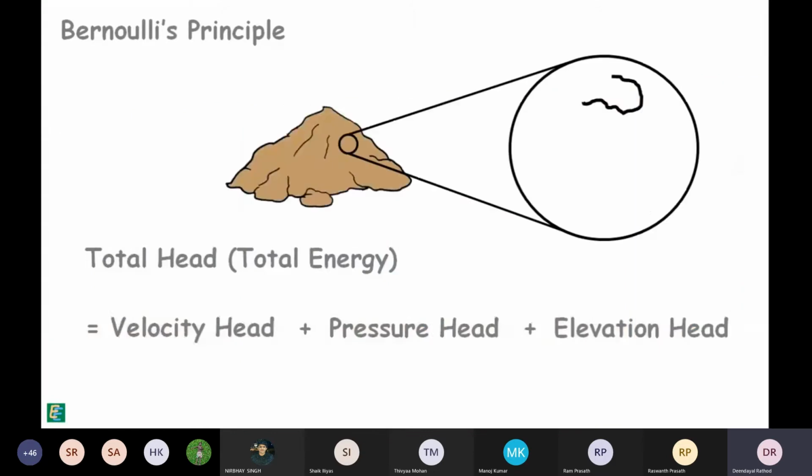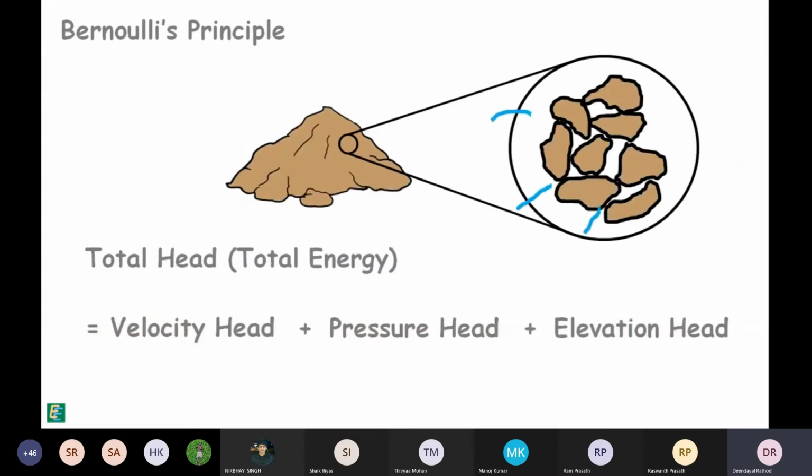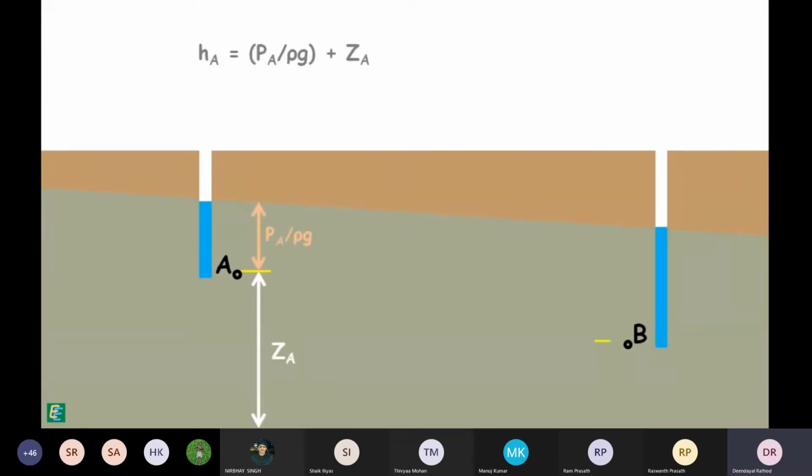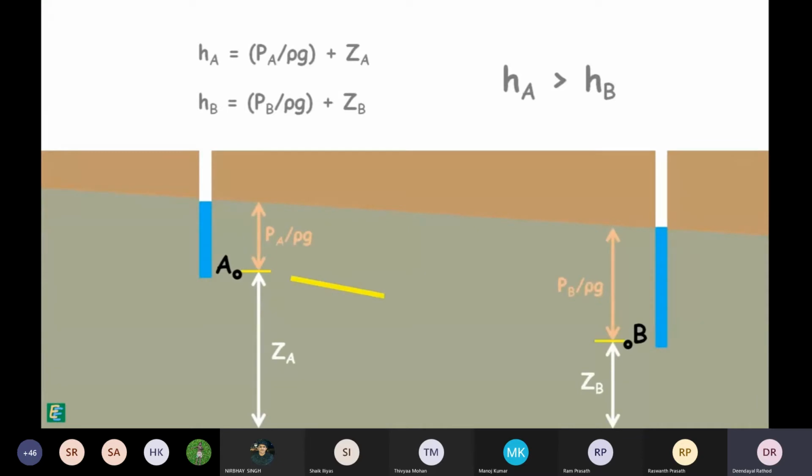When water flows through the soils, its velocity is very small. Therefore, we neglect the velocity head. Water flows from high energy region to lower energy region. If the hydraulic head of point A is higher than the head of B, water may flow from point A to B. Similarly, if head of B is higher than head of A, water may flow from point B to A. Water does not flow if the points A and B have the same energy or have inadequate head difference.